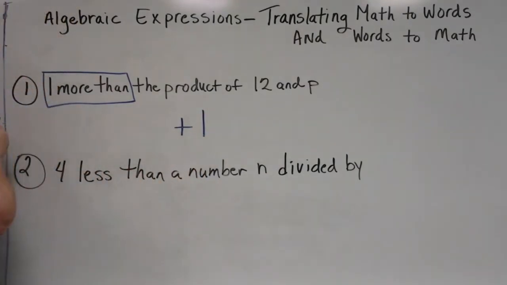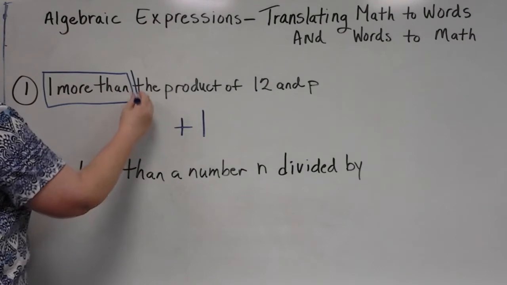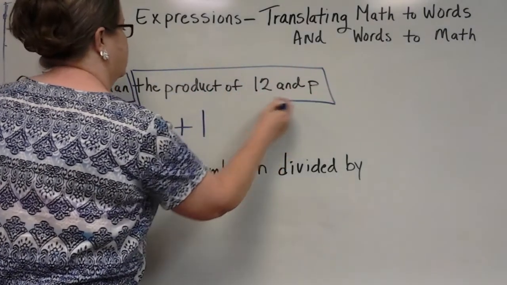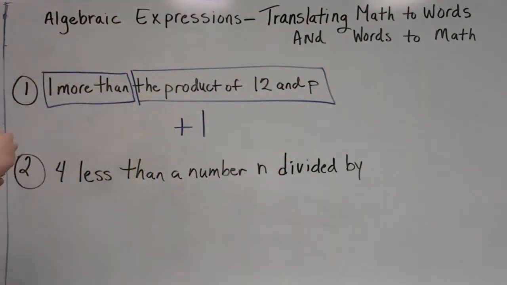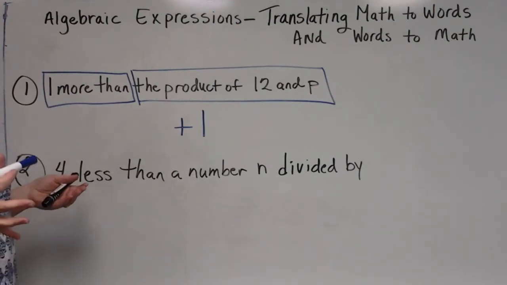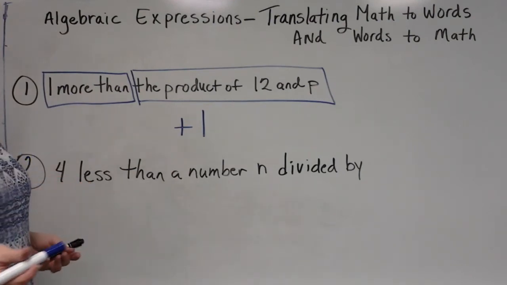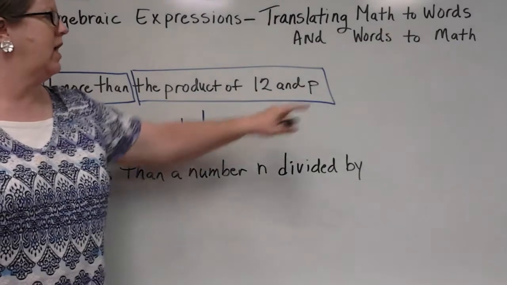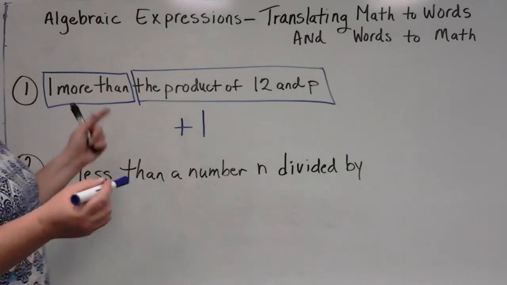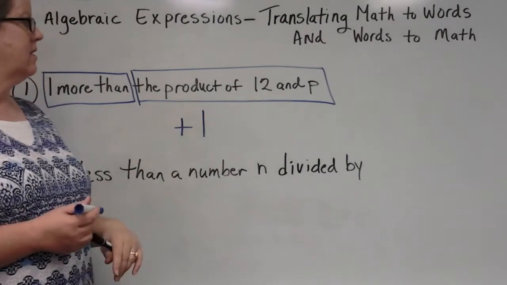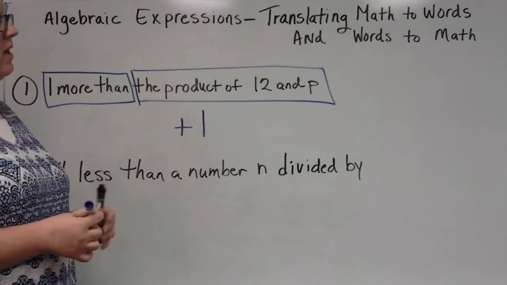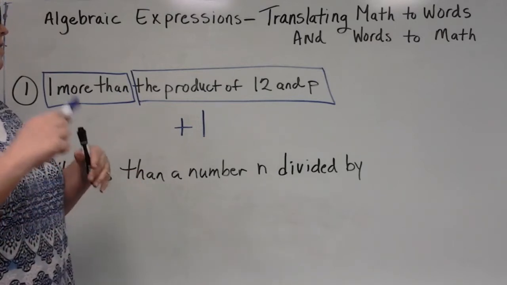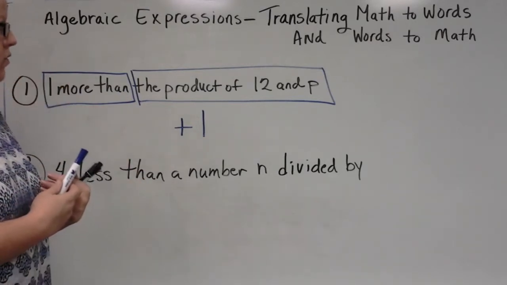Then, take the next part, the product of 12 and p. What does product mean? Does product mean add, subtract, multiply, or divide? Product means multiply. Well, what's multiplying? 12 and p. When it's got an and, it usually means those go together, 12 and p.